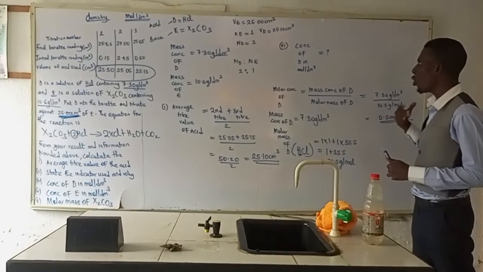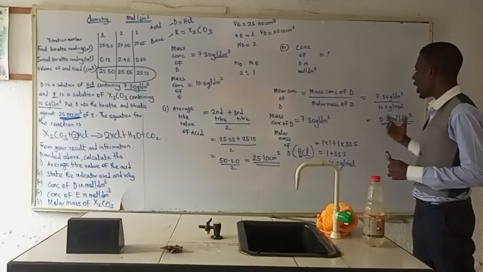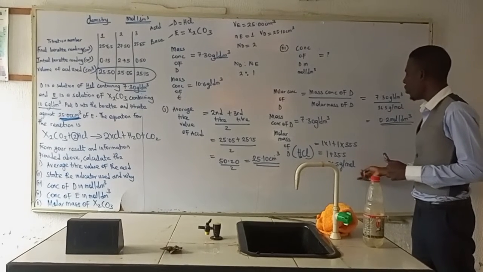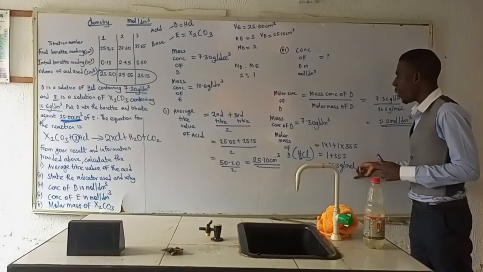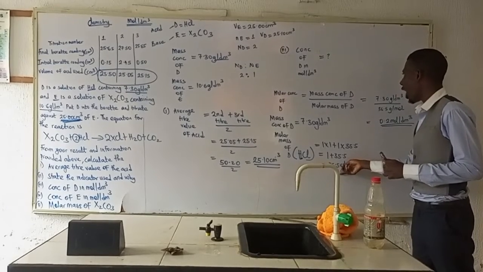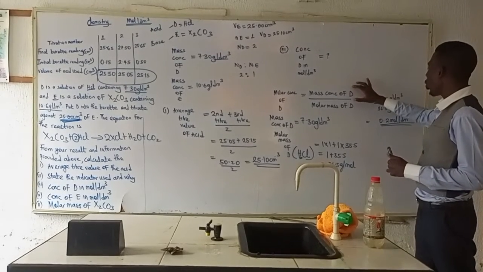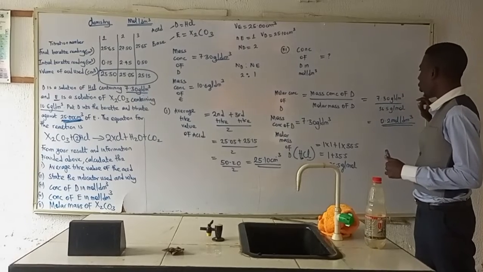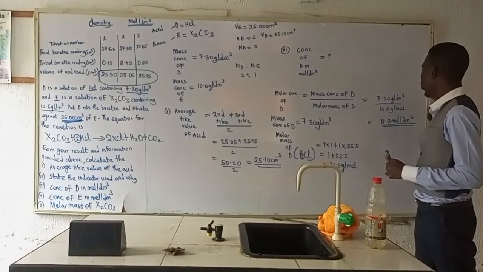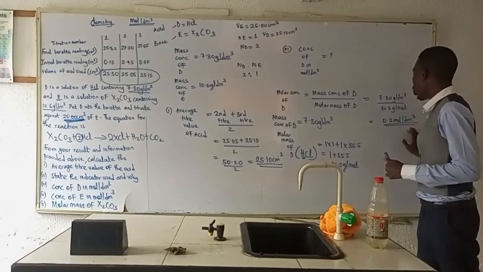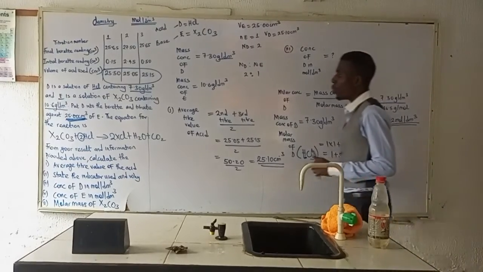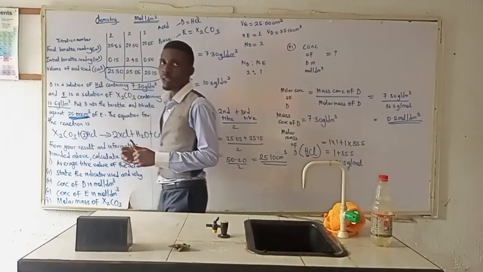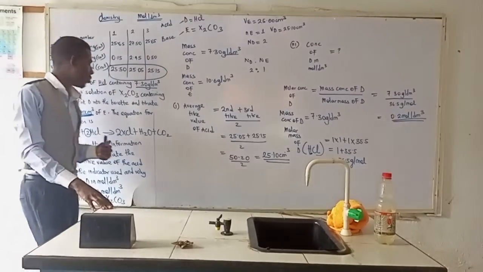The next thing is to look for the molar mass of hydrogen chloride, which is 36.5. After dividing 7.30 by 36.5, we got 0.2 mole per dm cube.